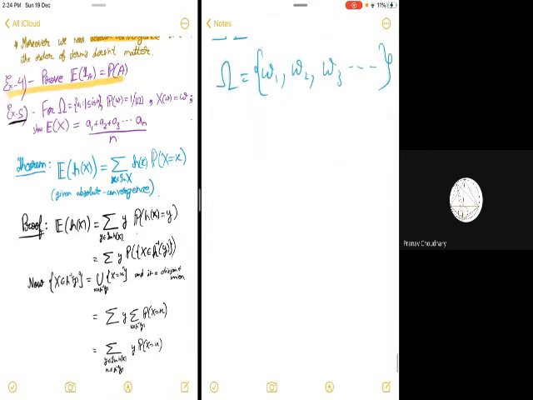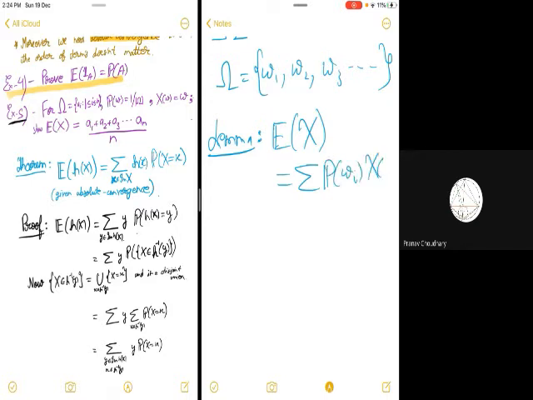I claim this, as my lemma: the expected value of any random variable X defined on the probability space corresponding to omega will be the sum of the probability of omega i times X of omega i.